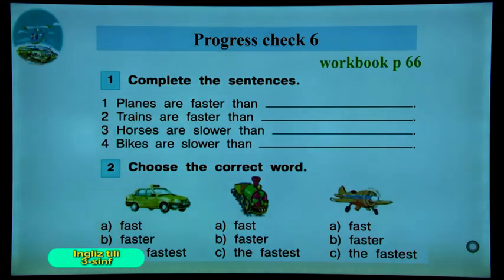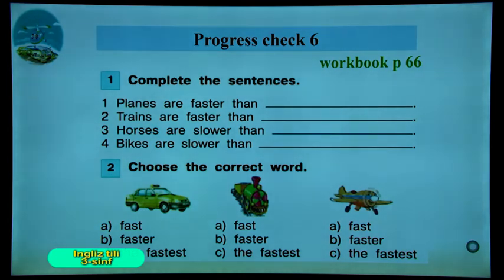For example, fast, tez. Faster, tezroq. The fastest, eng tez, juda tez. When we make the superlative degree, we usually use the article the and the ending est, the fastest. Train, fast, faster, or the fastest.